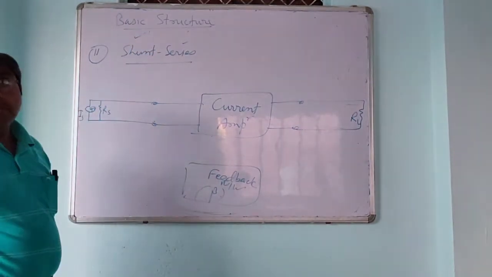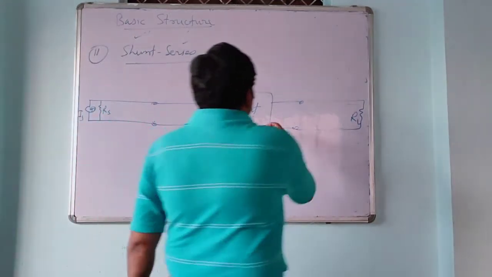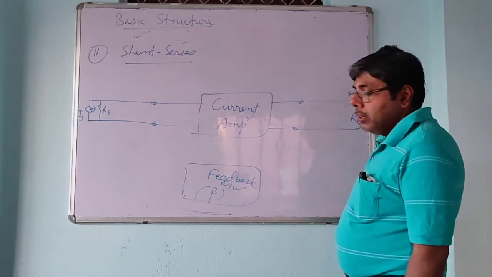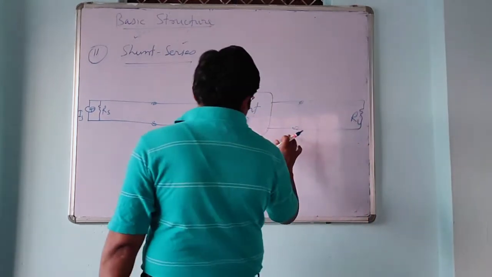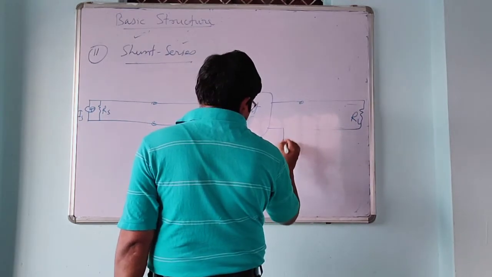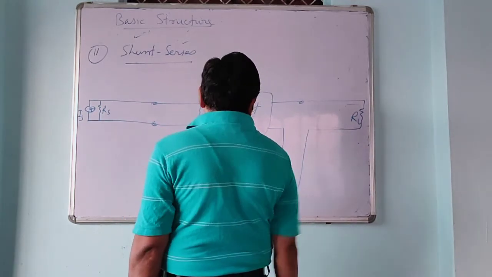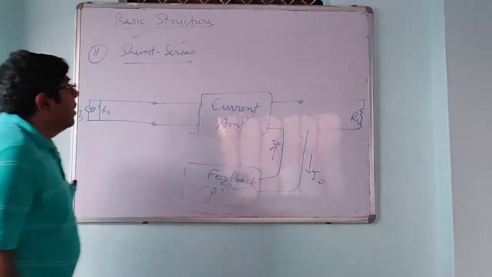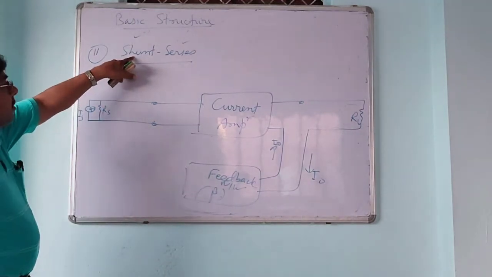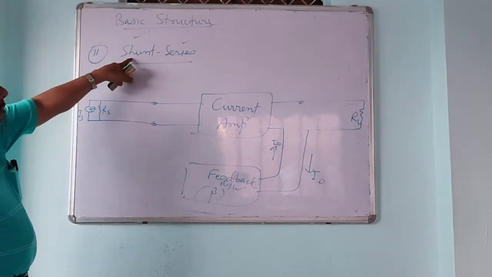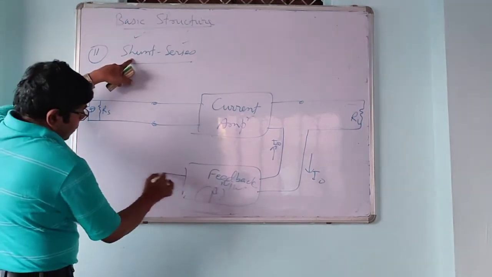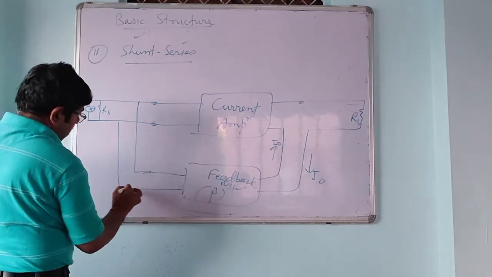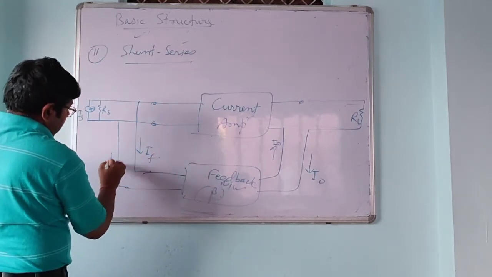For the current amplifier, this is the connection at the output, this is the connection at the input. Sampling, mixing. So sampling, for a current amplifier, obviously output is current. So sample of current in series. So here we have a series connection. Here we connect the output current. And at the input, shunt current, mixing of two currents. So this is the mixing of two currents. This is the feedback current.